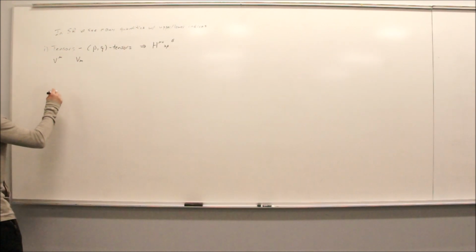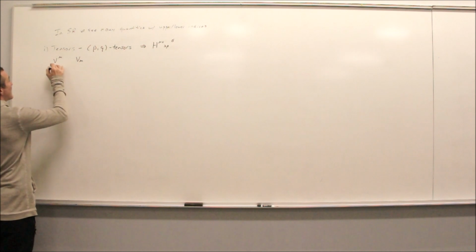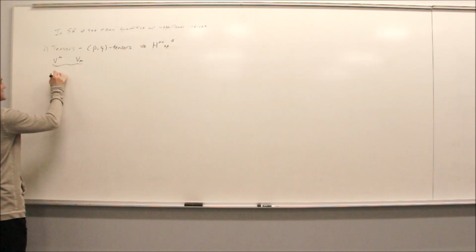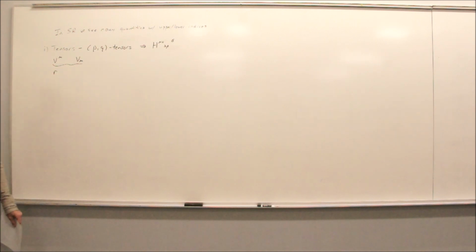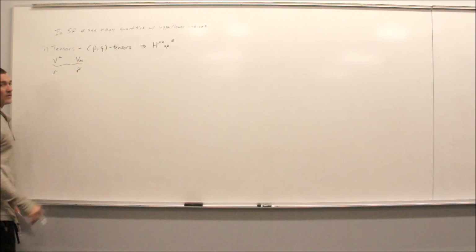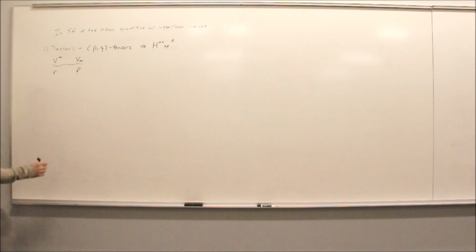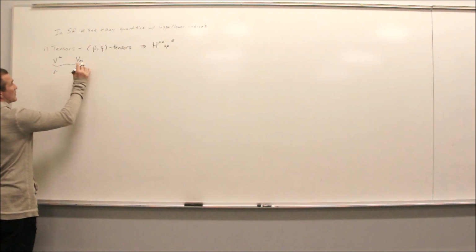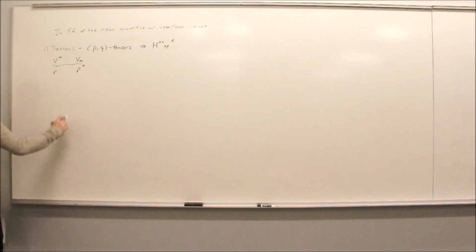Now, remember from last time that the difference here is that an upper index lies in a representation R of your transformation group, whereas a lower index lies in the dual representation. Just to be sure, when we write V_mu, we really mean the transpose of the R twiddle.